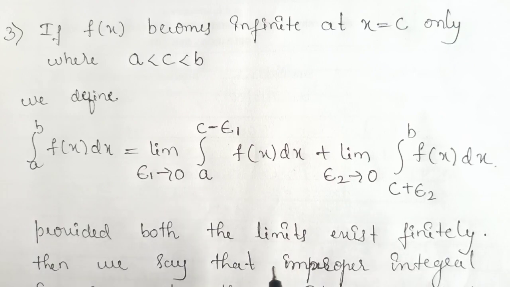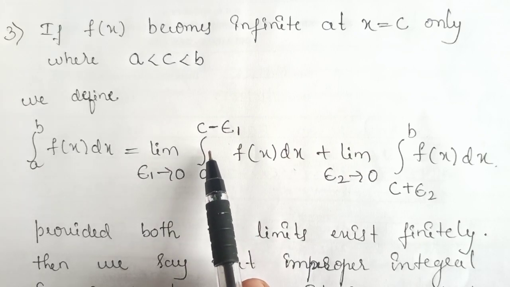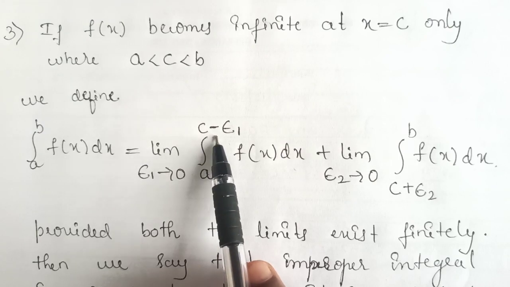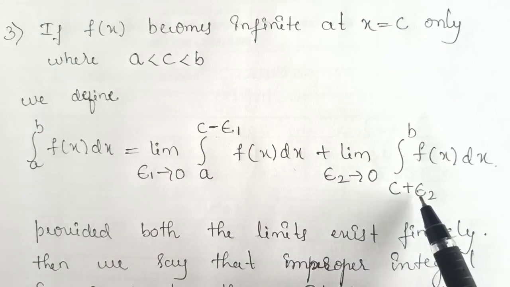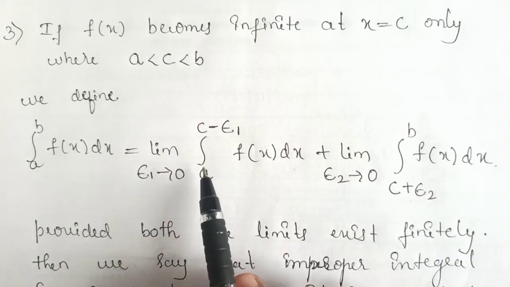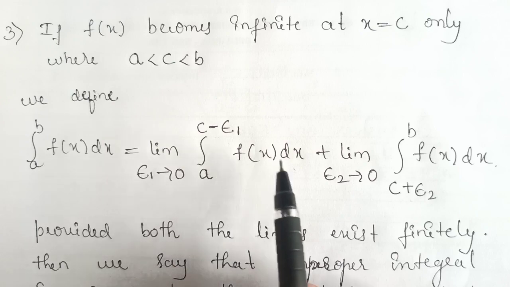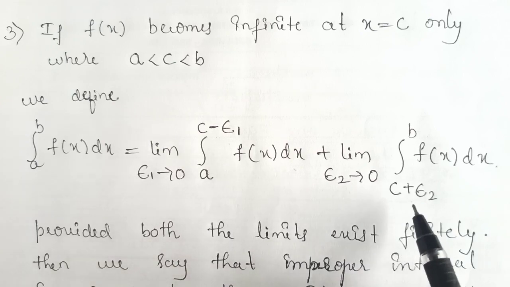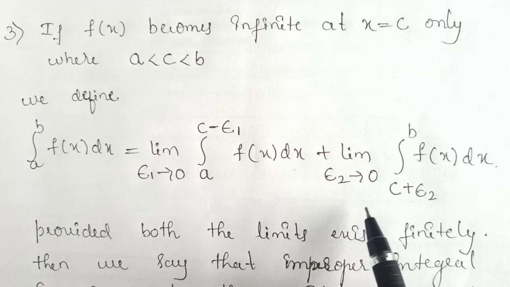Now you can observe one thing: if it is infinite at the upper limit, then we go for subtraction. If it is infinite at the lower limit, we go for addition, because if we add at the upper limit, it exceeds the given limit, and if we subtract at the lower limit, we get less than the given limit.